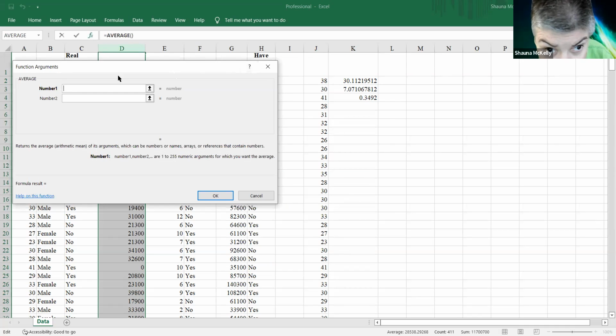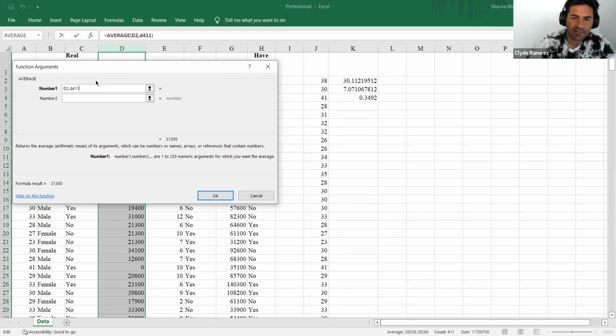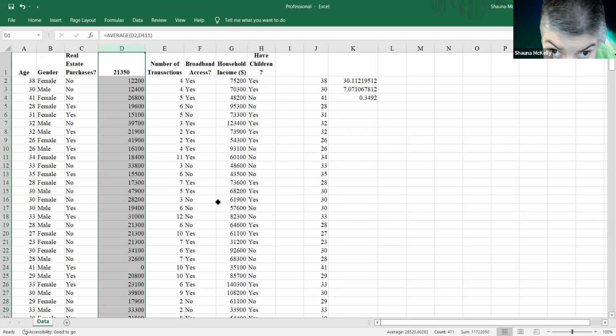And I go from D2, and then a comma and then D411. Comma. Then I click OK.